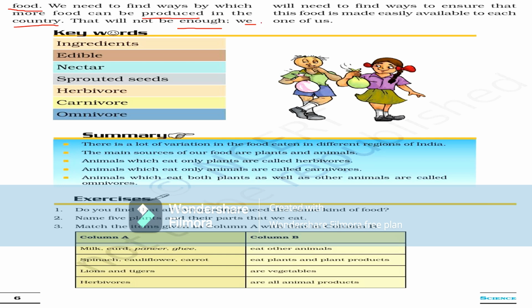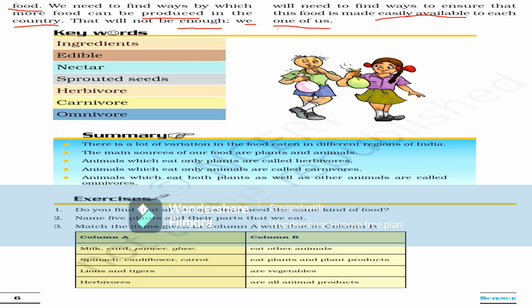We need to ensure that this food is made easily available to each one of us. We have to plan how food can be produced in an easier way and made easily available, because nowadays food is getting scarce in our country, because we are wasting so much food.